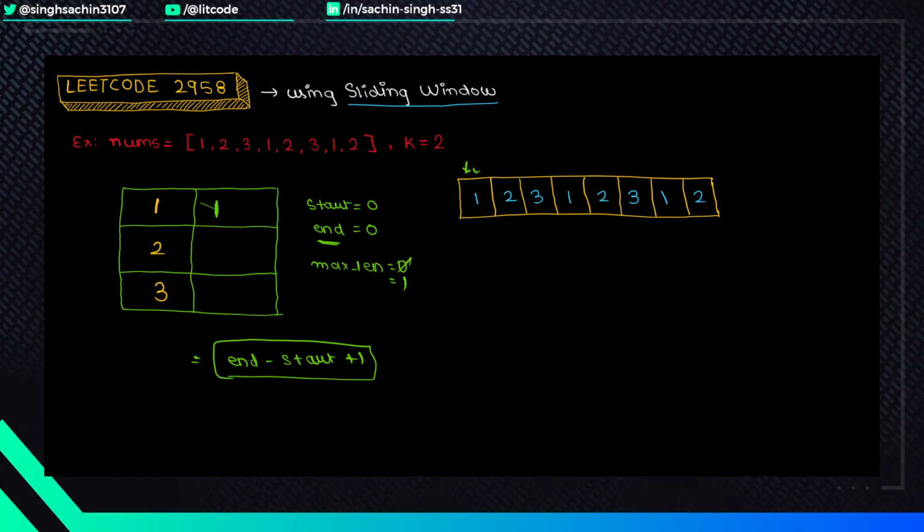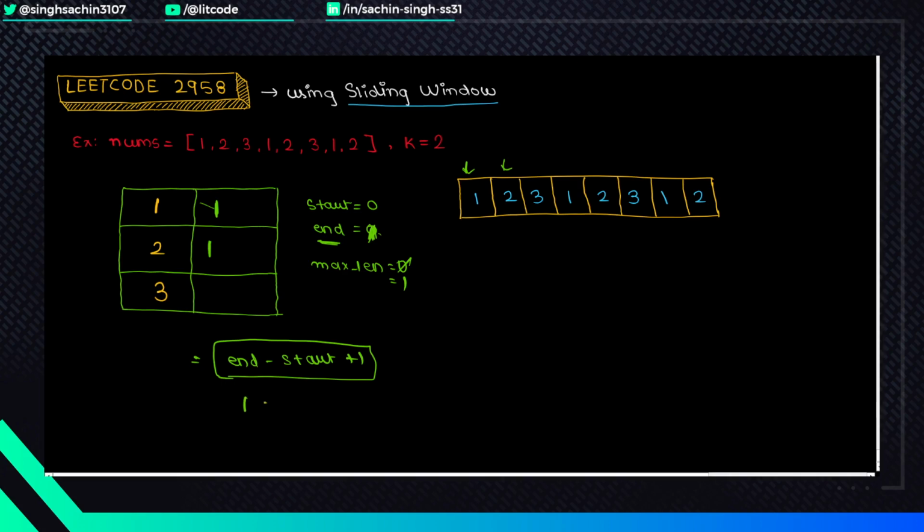Now my end is pointing to the next element, which is 2. End is at index 1, start is at 0. We saw a new element 2 and updated its count. Again it is less than k, so we'll do the same.